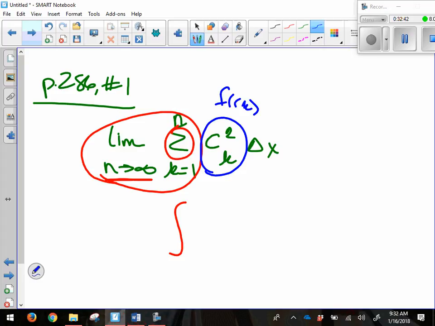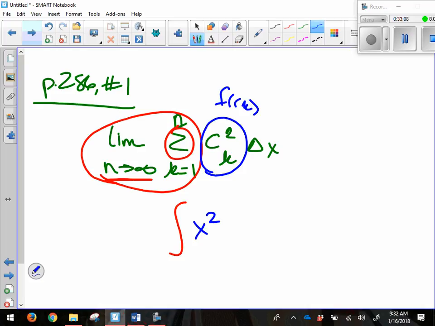So what's ck squared going to become? It's my function. And so instead of being f of ck, somebody say it? Not ck squared, but x squared.